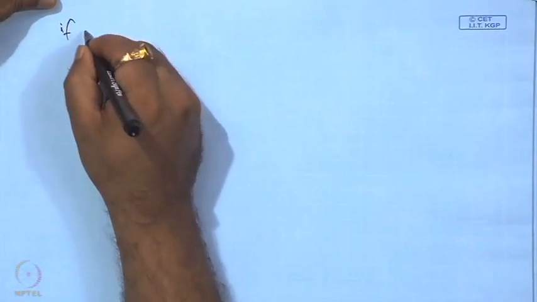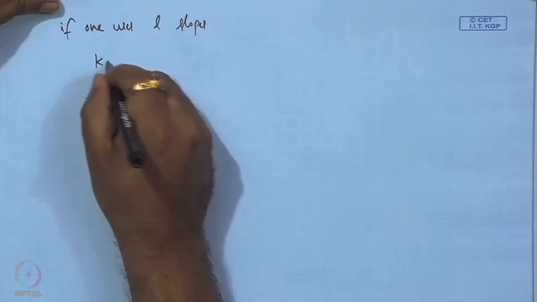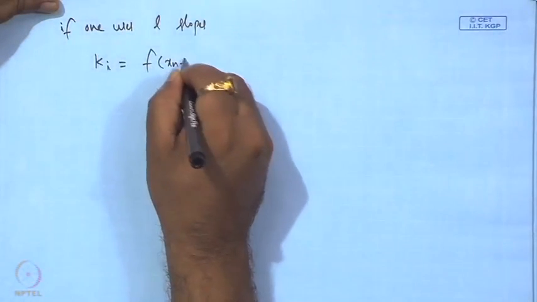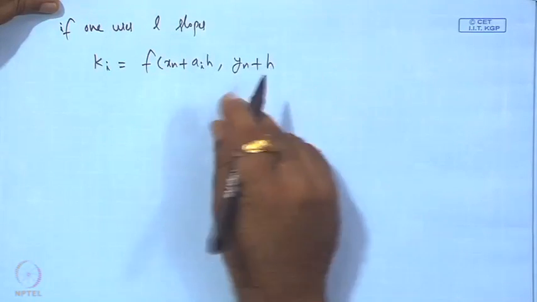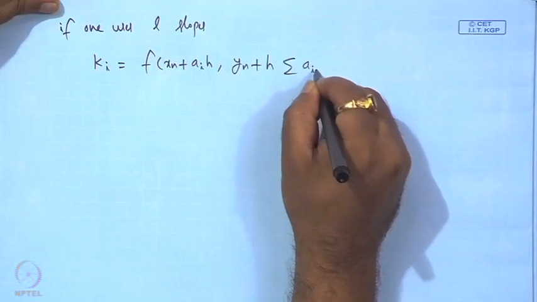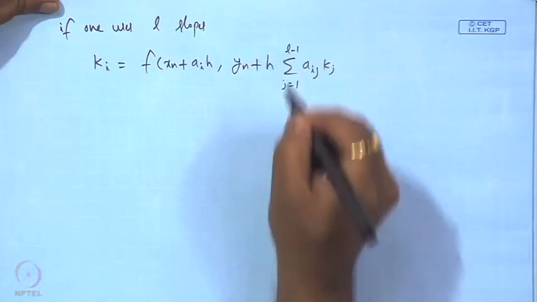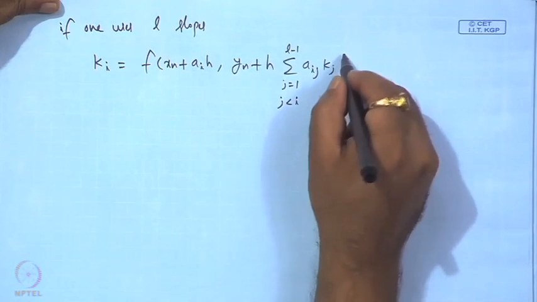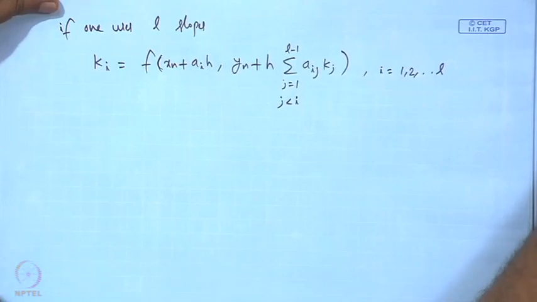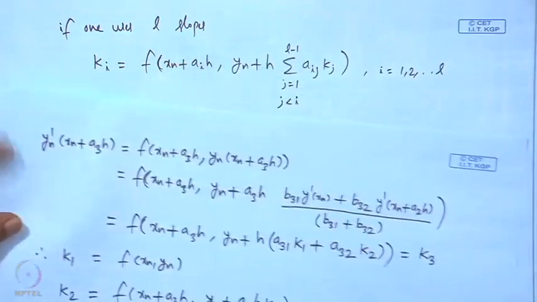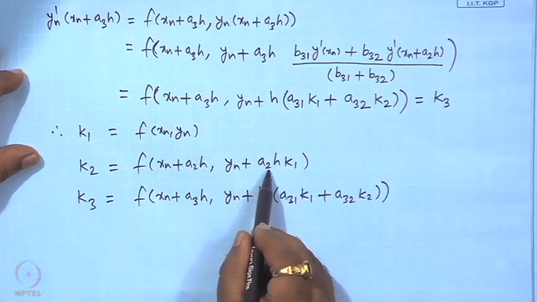So, if one uses L slopes, we generate K I of the form x n plus A I h, y n plus h, we have taken common, then we get this kind of pattern, where one can identify easily, see this K 2 is x n plus A 2 h, h is common.